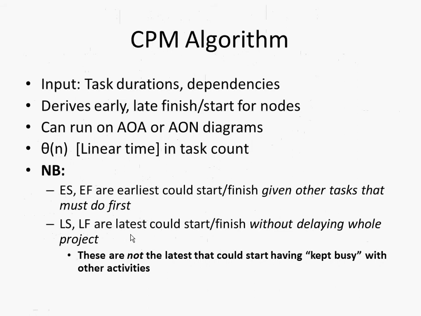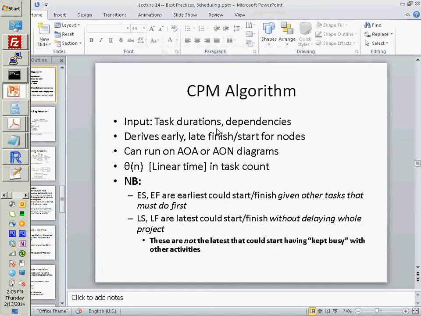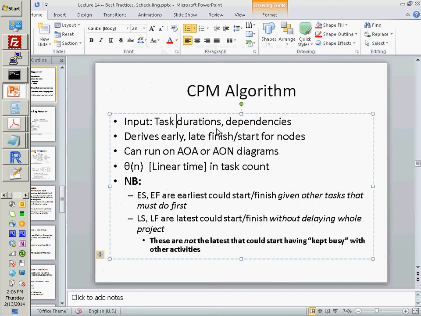Okay, so what's the CPM algorithm that's the core of this method? Well, it takes as inputs tasks, typically with names as well, some sort of identity of the task. In any case, the name, duration, and dependencies, because typically we label the tasks in a nice way with their names.